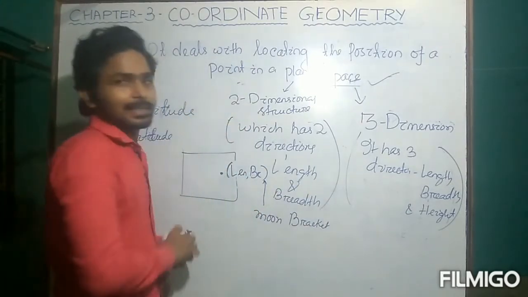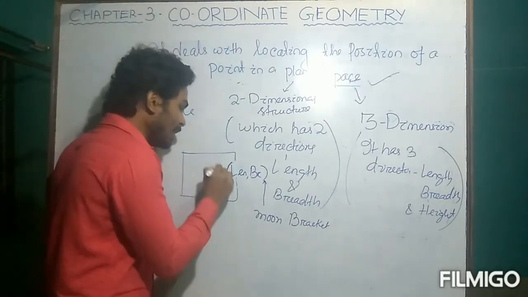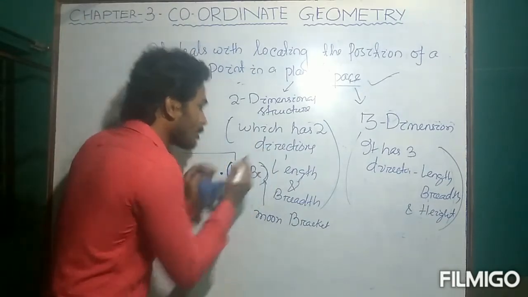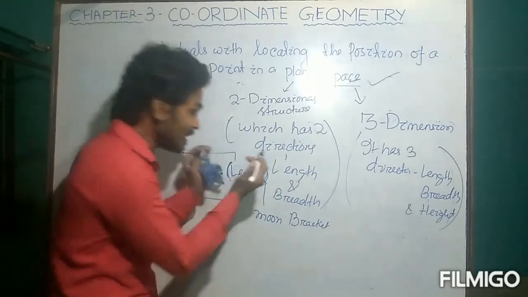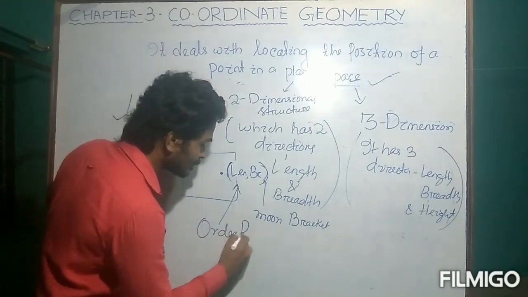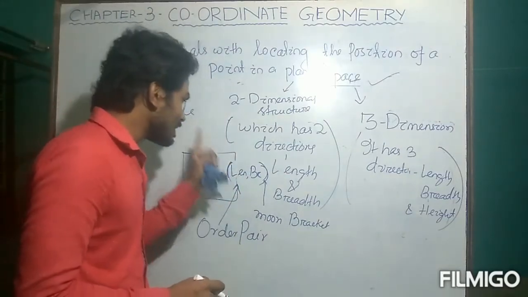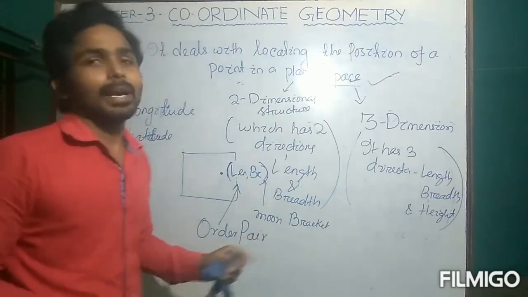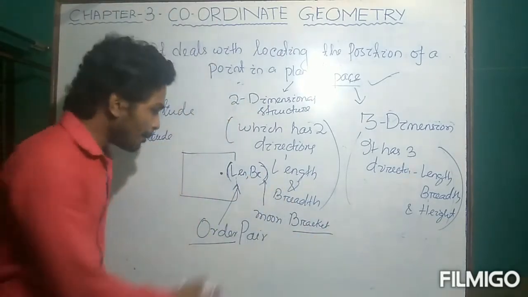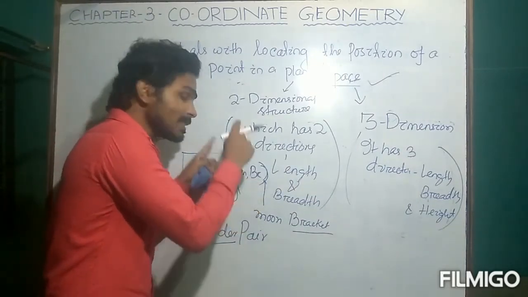So every point in a plane, this is a piece of paper, every point in a plane is represented by an ordered pair, by two conditions. The condition by which a point is located is called an ordered pair. Why is it an ordered pair? Ordered means bracket, pair means two. So here two conditions are given, so it is known as an ordered pair.